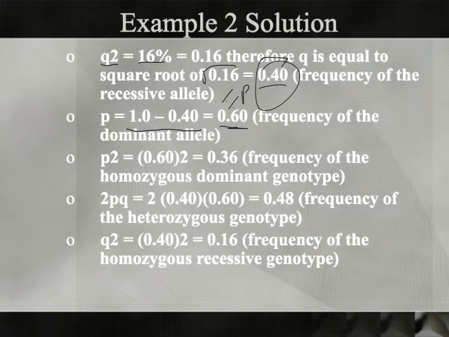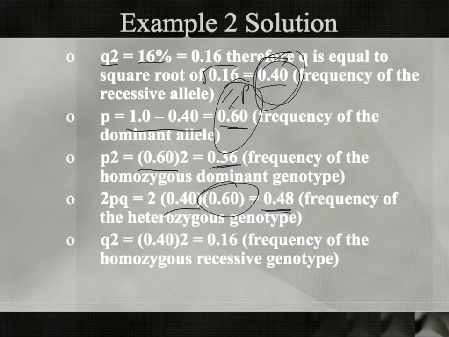To get p squared, we will square our answer for p, and we get 0.36. That's the frequency of the homozygous dominant genotype. 2pq is 2 times 0.4, which we got up here for q, times 0.6 for p right there, and we get an answer of 0.48, and that is the frequency of the heterozygous genotype.